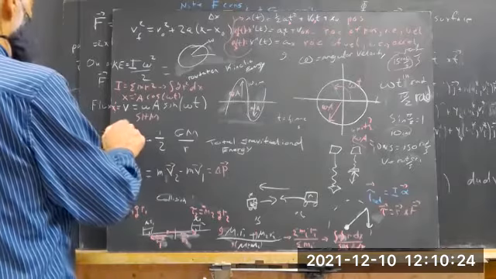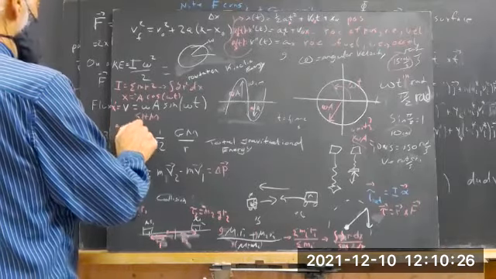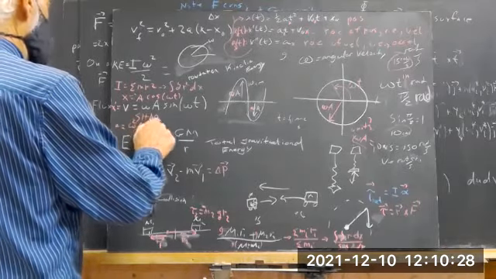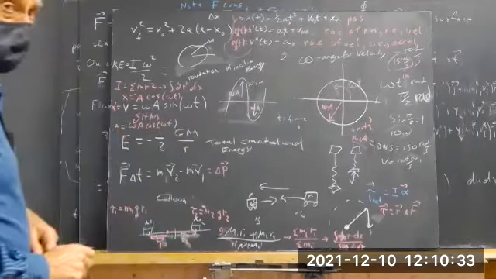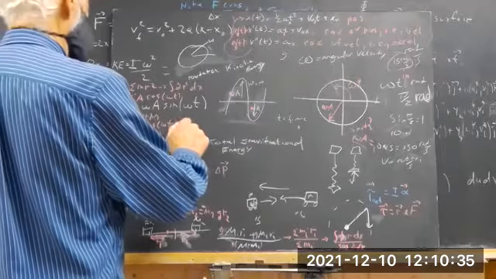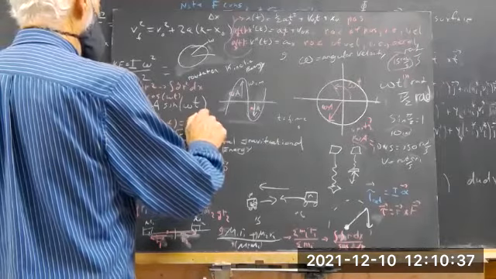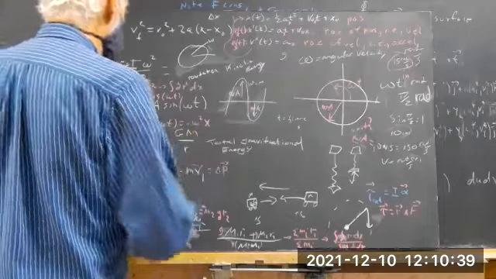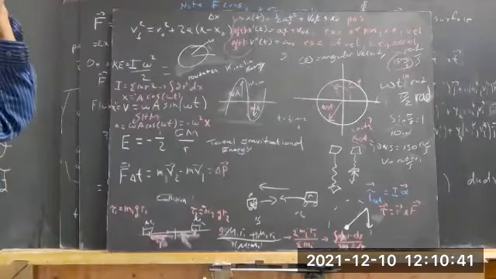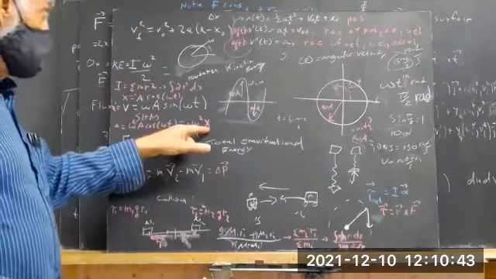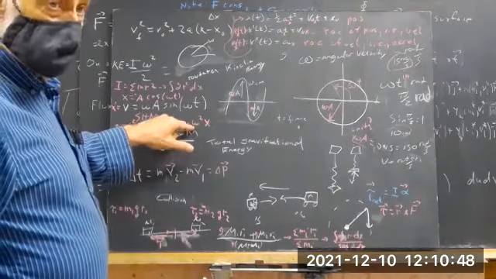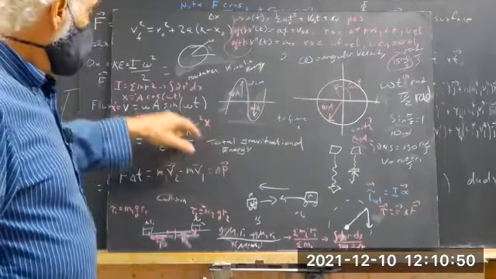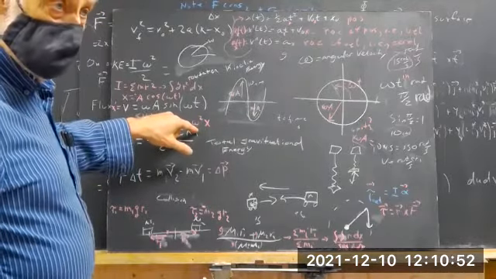And then your acceleration is going to be negative omega squared A cosine of omega t. Okay. And we can note that that equals negative omega squared times your position. Units work out, position is in centimeters, omega's in radians per second. So you've got centimeters times radian squared per second squared.